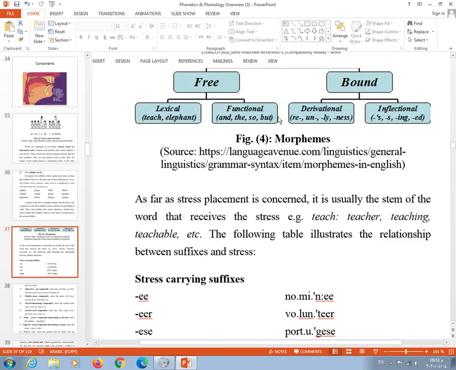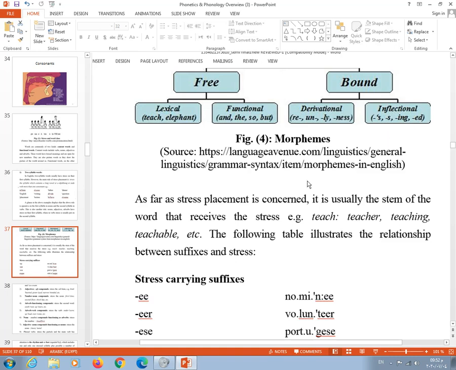And function morphemes, which have to do with function words, are usually unstressed except in certain contexts. Derivational morphemes are used in order to create new words, and inflectional morphemes help us assign the tense and the plural form in English words.